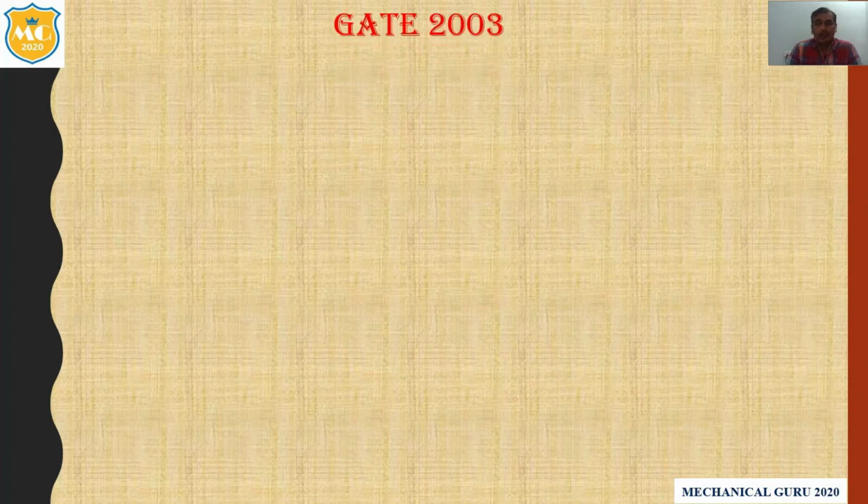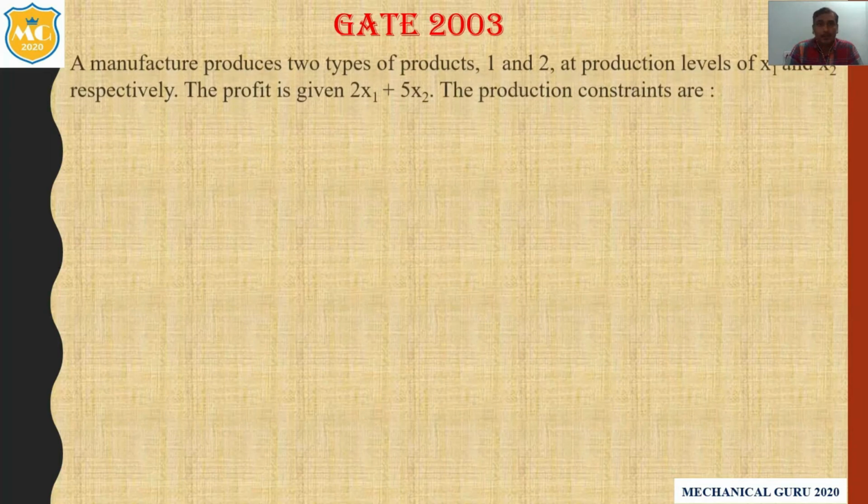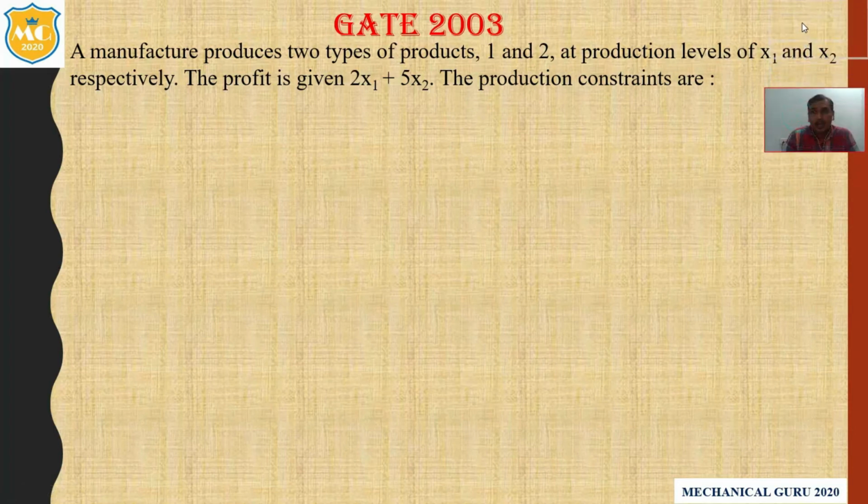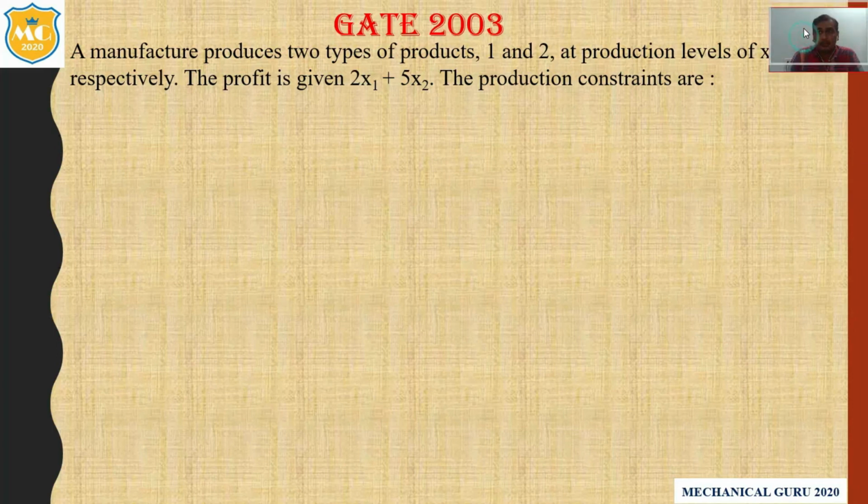Now we discuss the GATE exam question 2003. A manufacturer produces two types of product, 1 and 2, at production levels of x1 and x2 respectively. The profit is given as x1 plus 5x2.